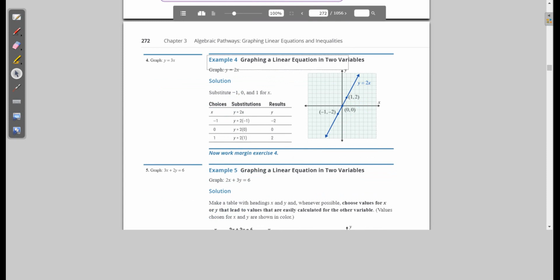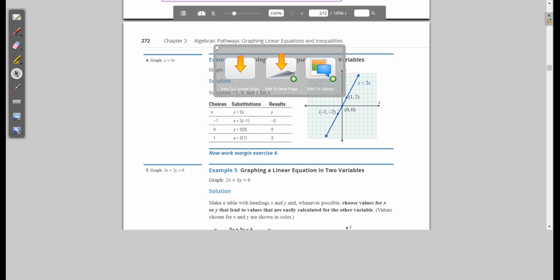See if I can try to not take the graph with me. Right, this time I will graph this, and I know I had a square tool one time. Where in the world is it?